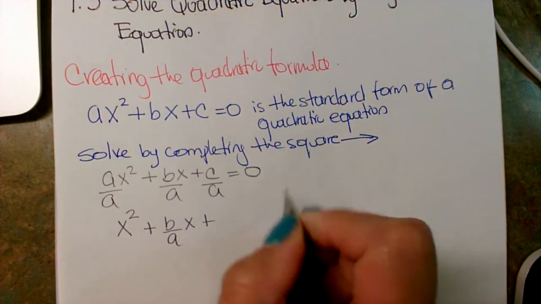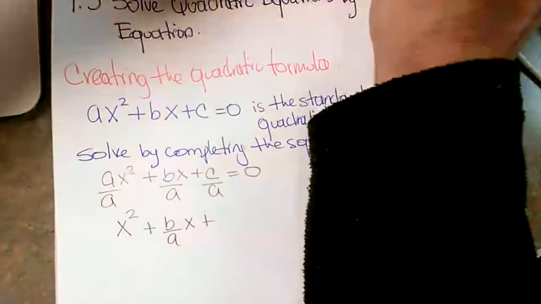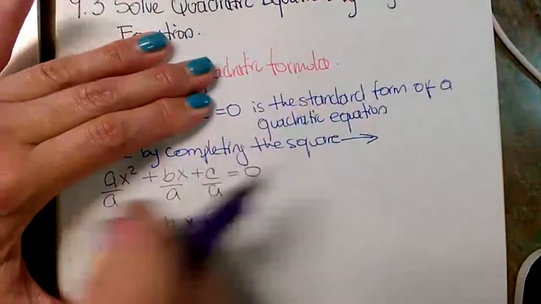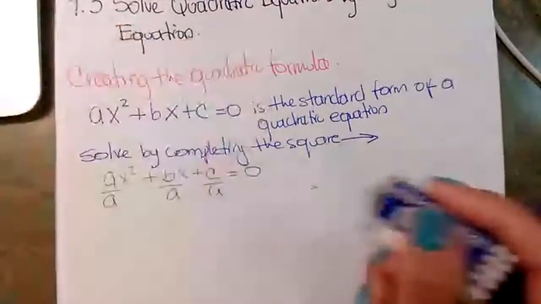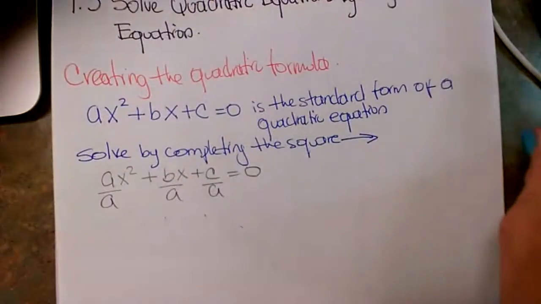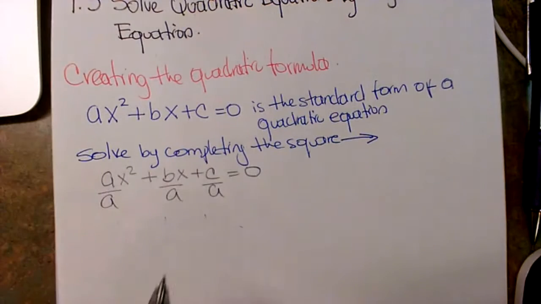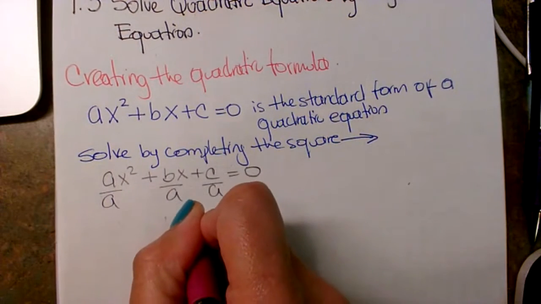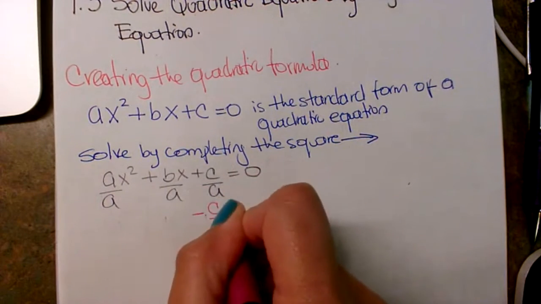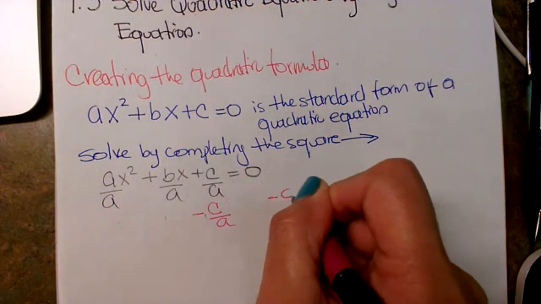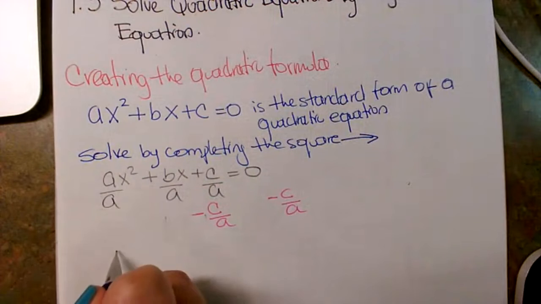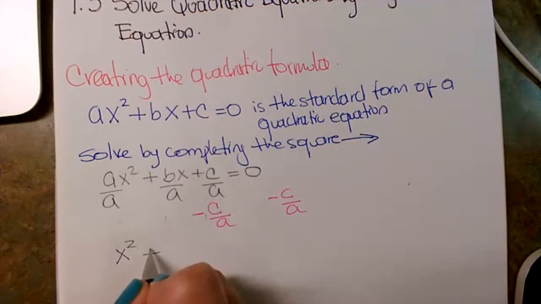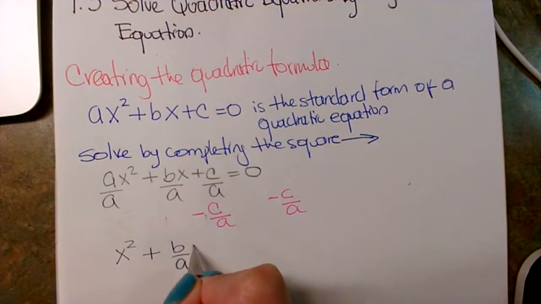and before I do that, now I'm going to move this term to the other side because I want to complete the square. So right here, I have x squared plus b over a x.